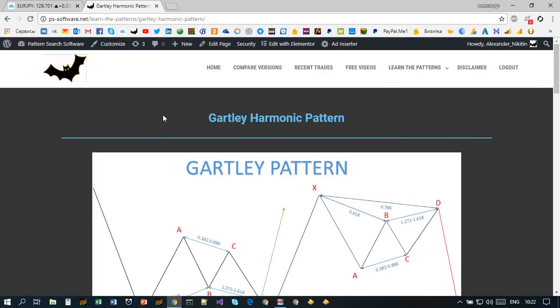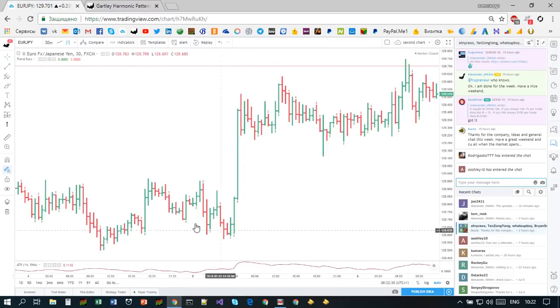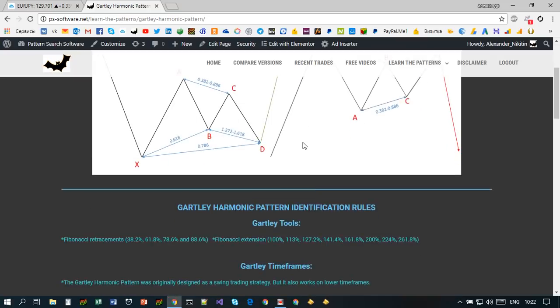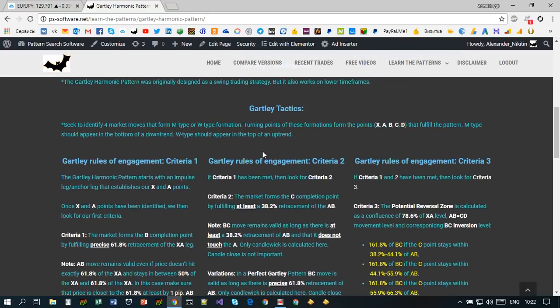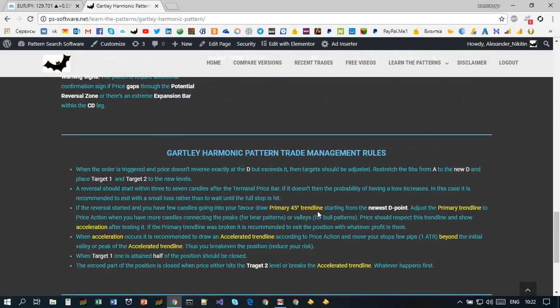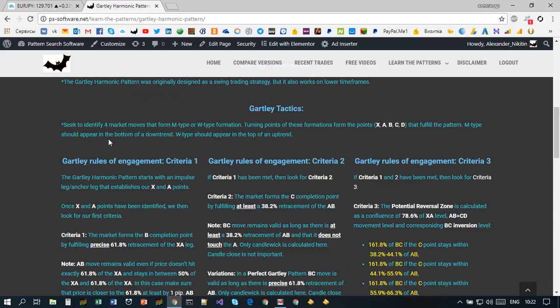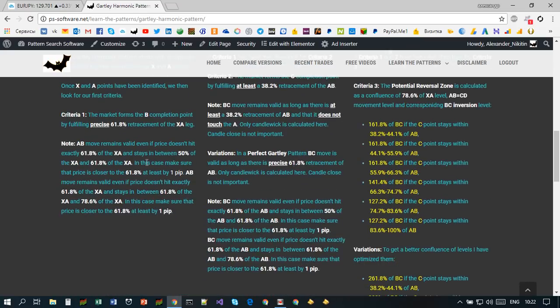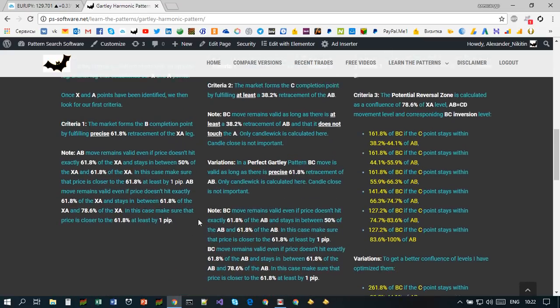We'll talk about that Gartley because my recent trade that I posted here is a Gartley. Then just invest your time and efforts to memorize all this identification, trade execution, and trade management. What I will explain here is simply explaining you these steps.